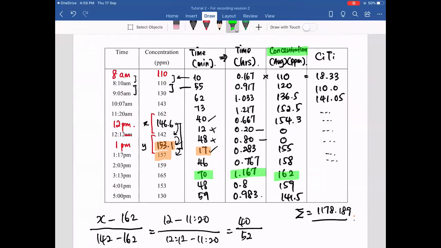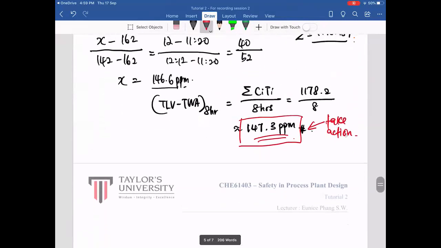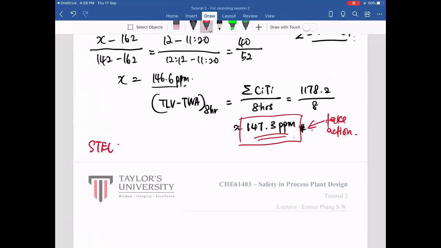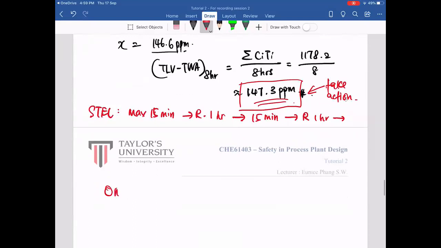So what does STEL say about your exposure? The maximum is 15 minutes, then rest 1 hour, and then you can go back to work for 15 minutes, and you have to rest for another 1 hour, and the maximum exposure per day is 1 hour.